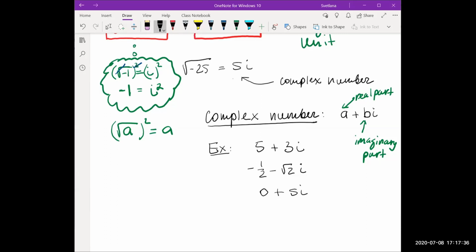That's the standard form of a complex number: 0 is the real part, and 5 is the imaginary part. But I don't really have to write the 0, so I can simply write 5i. In some cases it's going to be only one term, which means the other part just equals 0. So that's what we're going to be looking at.